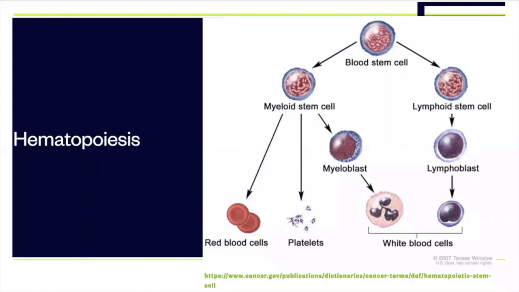Our hematopoietic stem cell, when it differentiates into a lymphoid progenitor cell, later on will differentiate into a lymphoblast. Particularly, I want to focus on the precursor or pre-blast, pre-B cells and pre-T cells. Now, this differentiation process is, like I said, highly complex.